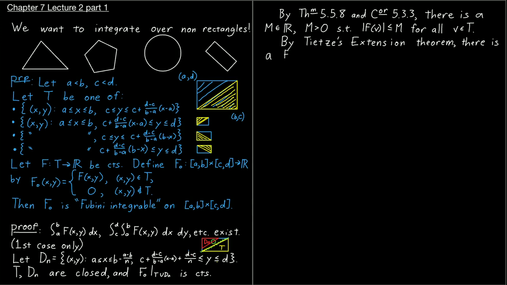So we can extend our f naught restricted to this closed set, which has two connected components. So let's call it Fn. Its domain, we might as well take it to be R2. So there is a continuous function.